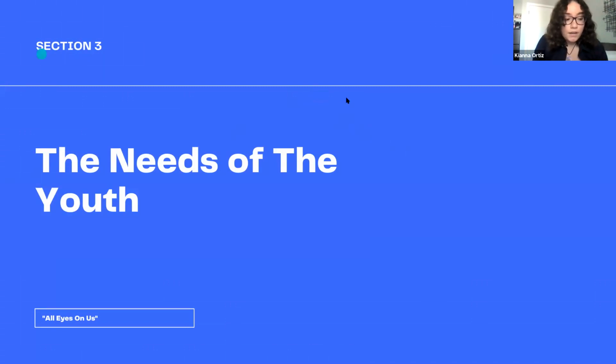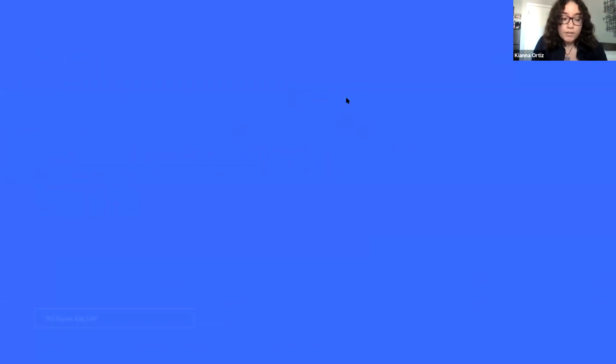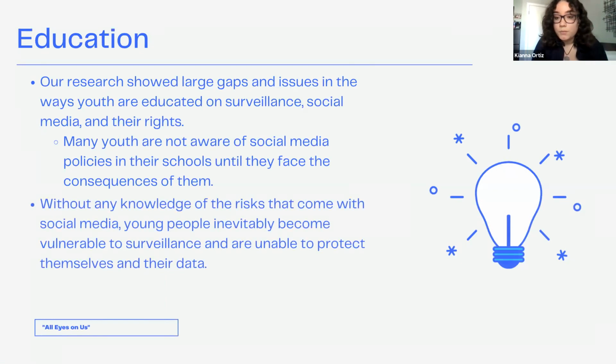We're coming as Youth Justice Board with needs for how youth can be protected under these surveillance laws. The first one that I want to note is the need for education. During our research, it showed large gaps and issues in the ways that youth are educated on surveillance, social media, and their rights. When we did focus groups with youth, they often mentioned how they were not aware that social media policies even existed for their schools until they got in trouble for them, which is a really backwards way of trying to regulate how youth are on social media.